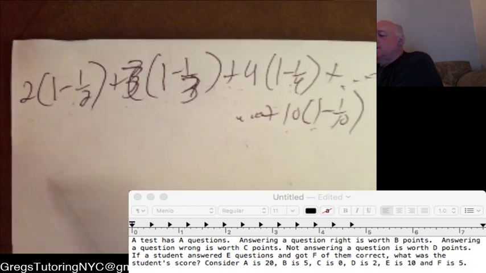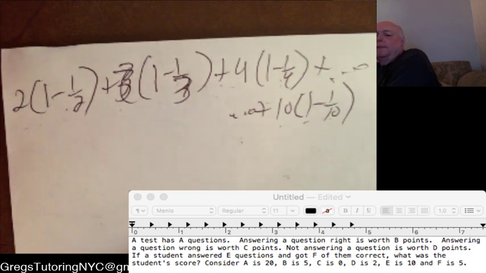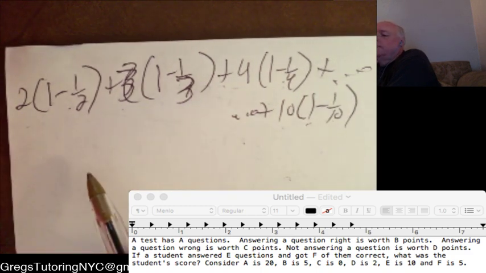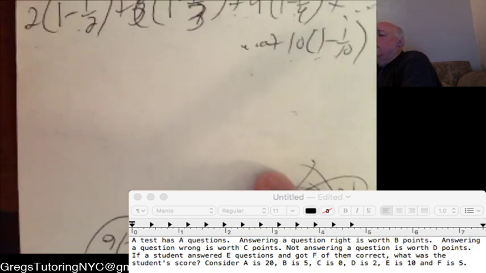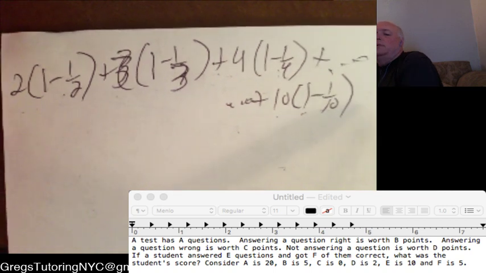There are a couple of ways to do this. Anybody have any thoughts? And again, if you're catching this on the replay, you can obviously pause the video.